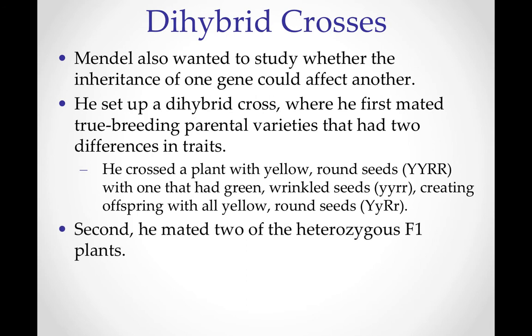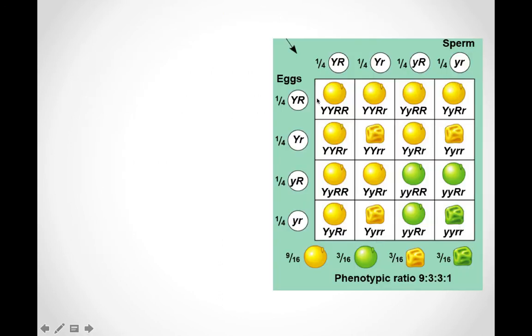Second, he mated 2 of the heterozygous F1 plants, which all ended up like this: capital Y, lowercase y, big R, little r. He mated 2 of those plants, and this is what happened. So, again, the father is up here.